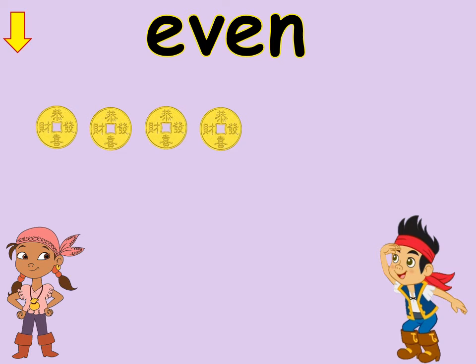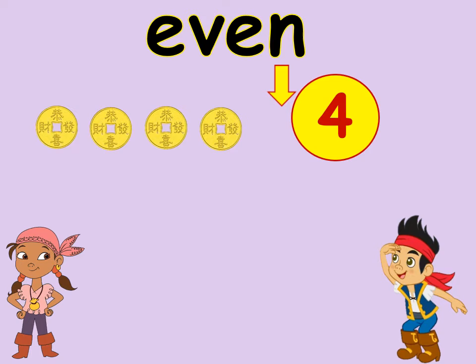Let's count the gold coins. 1, 2, 3, 4. Okay, we have 4 gold coins. So can we share them between 2 people and it be even? They both get the same amount. We call that being even.